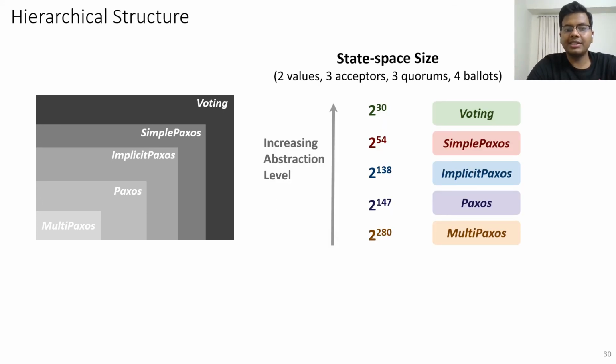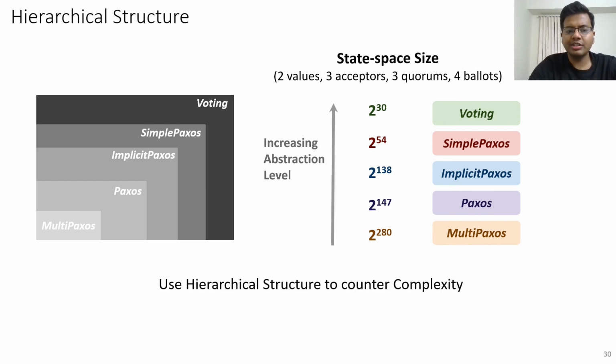Let's look at the state space size at these levels to get a better idea of these different abstraction levels. Consider the finite instance with, say, 2 values, 3 acceptors, 3 quorums, and 4 ballots. For voting, the state space is of just 2 to the power 30, that is 30 bits, while for multi-Paxos there are 280 bits for this finite instance.